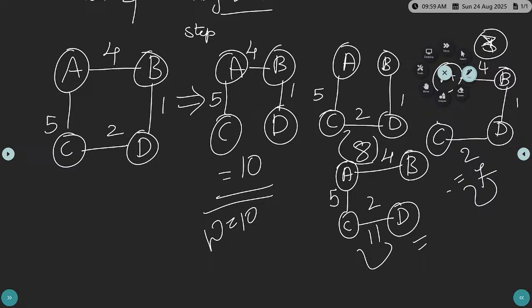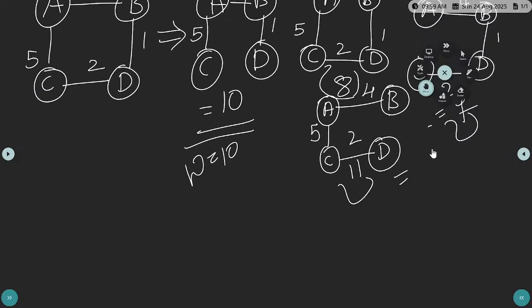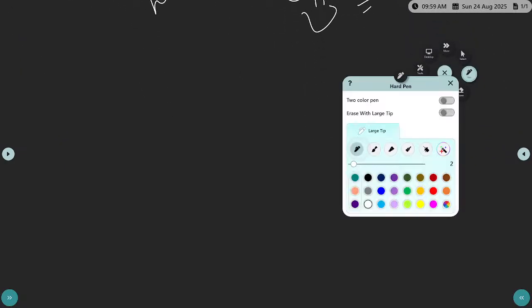Next one. Write down the next question. Construct a minimum cost spanning tree for the graph. Now one should come and do this problem here.